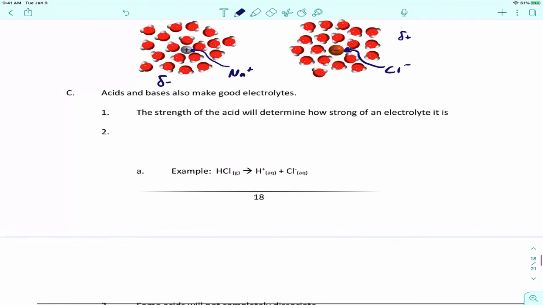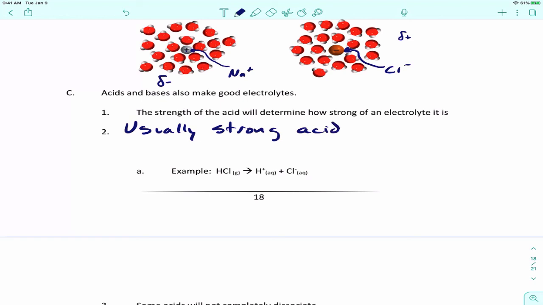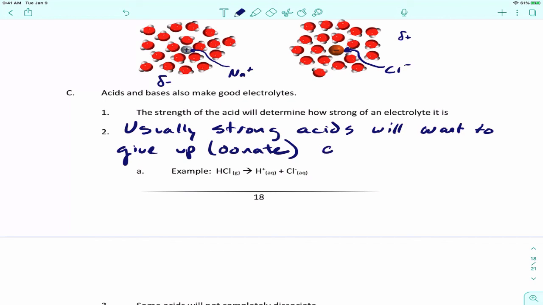Now, acids and bases make great electrolytes, and the strength of the acid will determine how strong an electrolyte is. So, like we said earlier, usually strong acids make great electrolytes because strong acids will want to give up or donate a hydrogen ion or a proton.